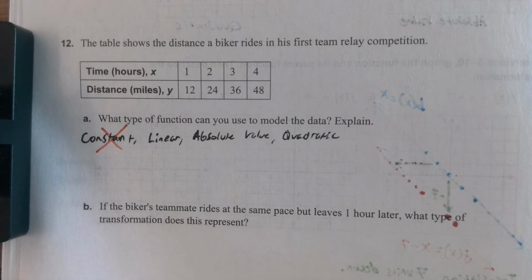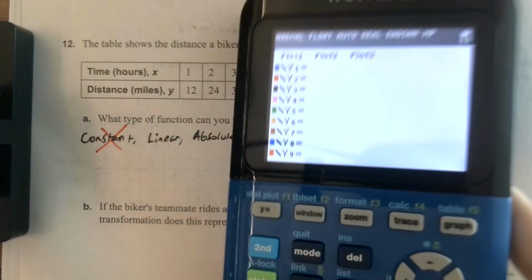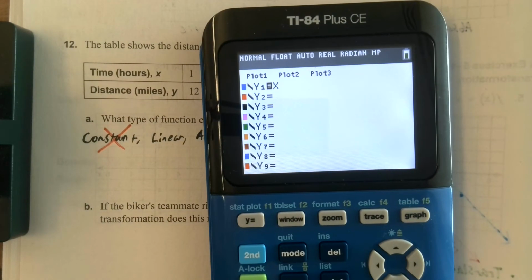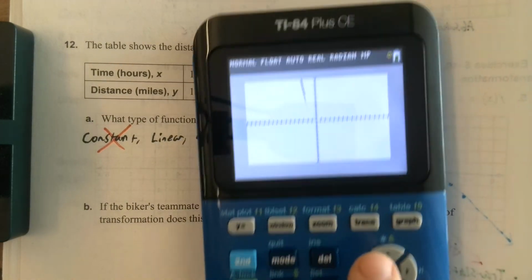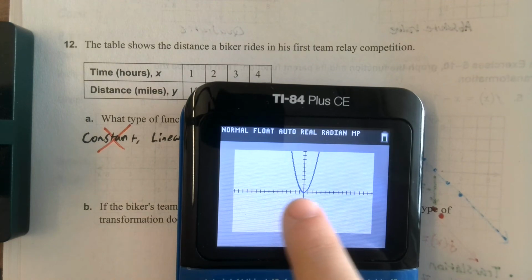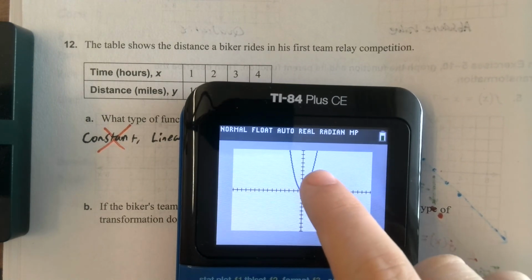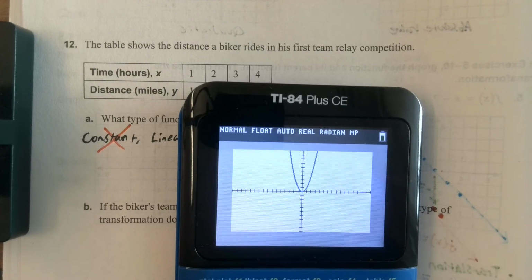If we take a look at a quadratic function, once again in our calculator, for instance, let's take a look at x squared. We see that as x goes up, our y increases by more and more every time.